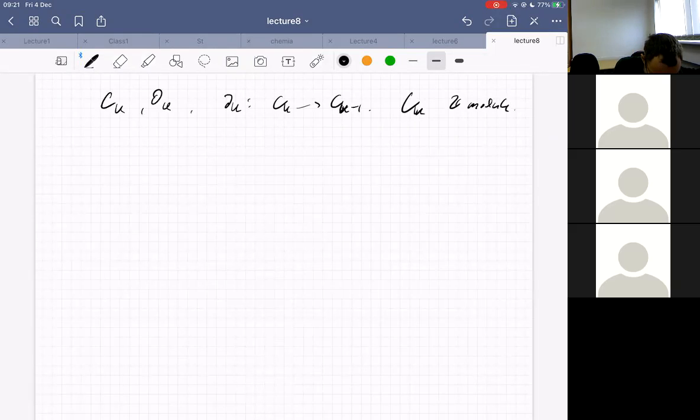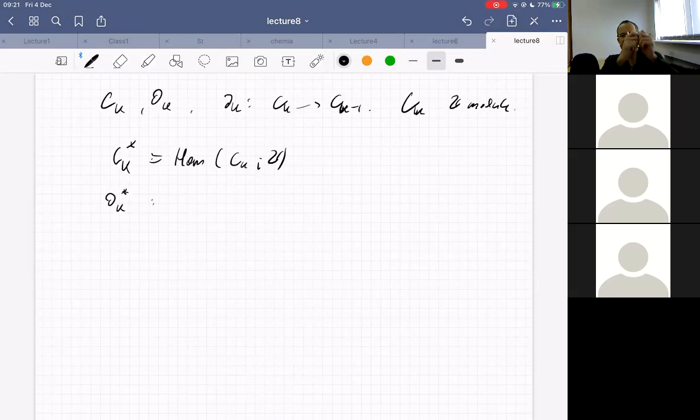So we define C_k star to be the homomorphisms from C_k to Z, like a dual space. And then we have a dual map, d_k star, but d_k star goes the other way. Passing to duality reverses the order. So it goes from C_{k-1} star to C_k star.